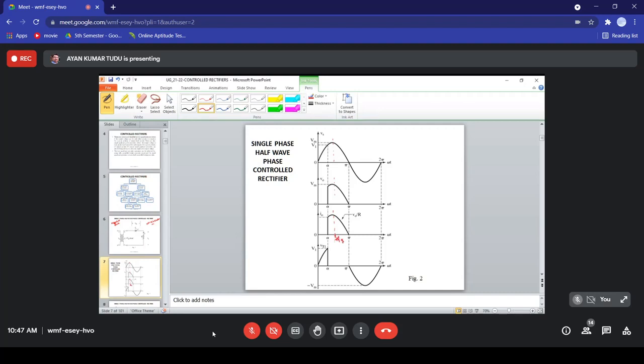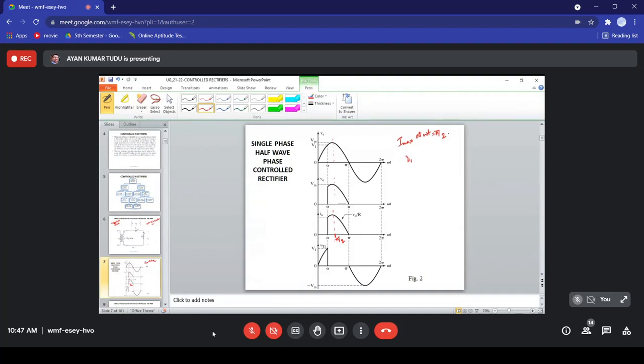So the maximum load current flows at omega t equal to pi by 2. At this condition, the input supply voltage is also maximum.